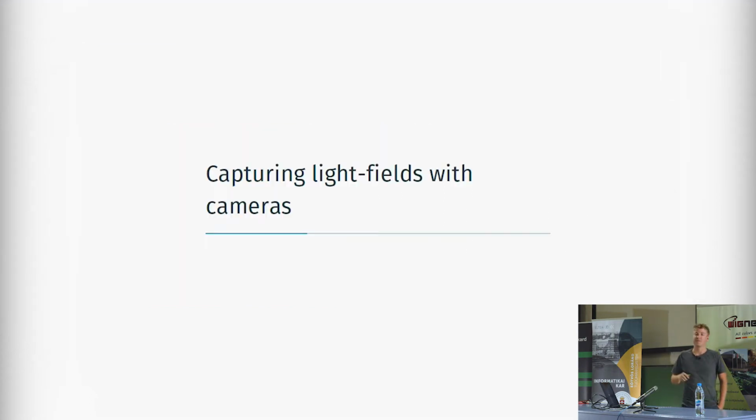All right, so this was easy so far, but how do we actually capture light field? Because, of course, if you have a virtual scene, you can just ray trace as many rays as you want. But in a real-life setting, you actually need cameras in all the positions where you are interested in how that scene looks.